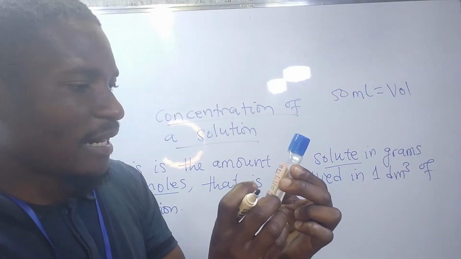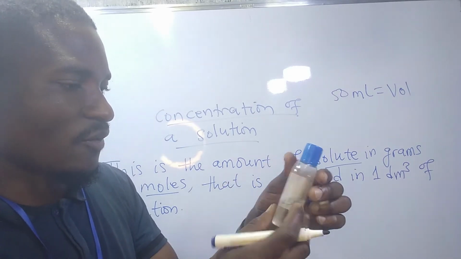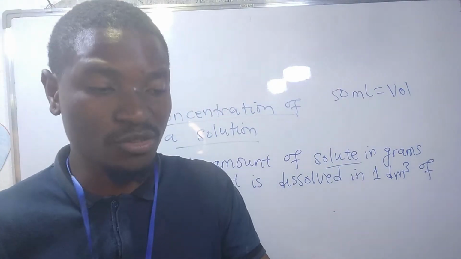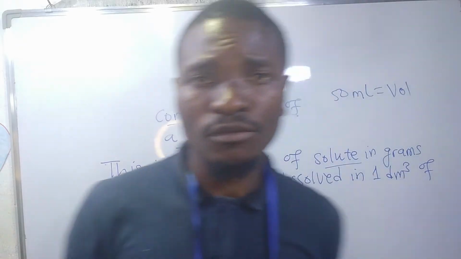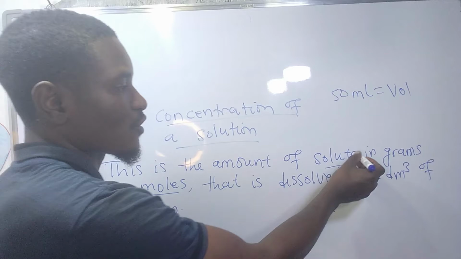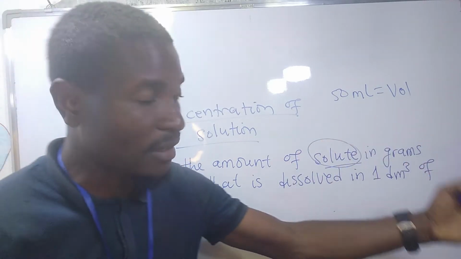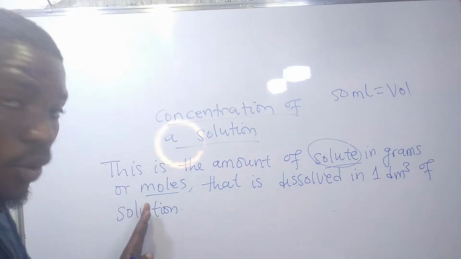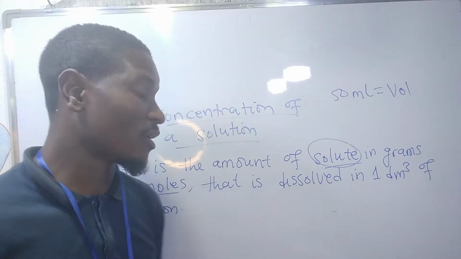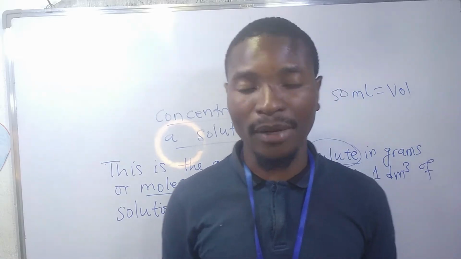Now, let me see if I'm able to find the mass of this. This is just the volume, how much of the liquid filled up the bottle. But anyway, what I want you to understand is that concentration is the amount of solid, meaning something that dissolves in the solvent, or the moles that is dissolved in 1 decimeter cubed of solution. So that's what you should be able to understand about that.